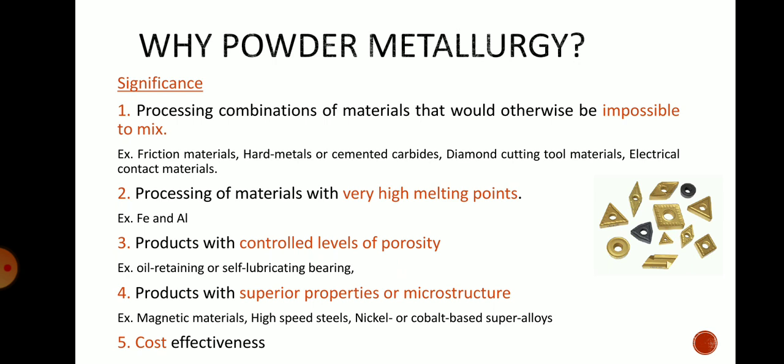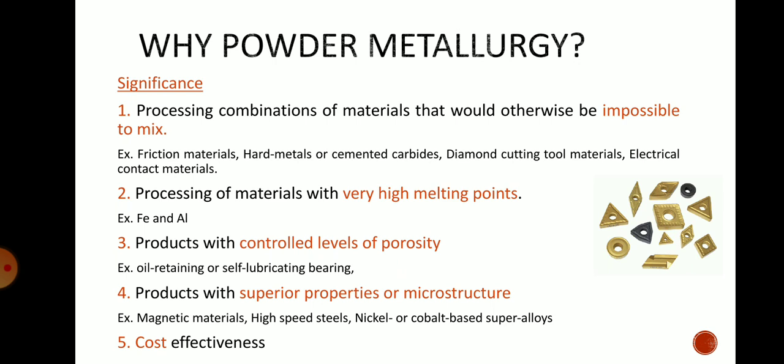Next significance, products with superior properties or microstructure. The microstructure affects the properties of the material. If the microstructure is different for two components, they will behave differently under application of load.